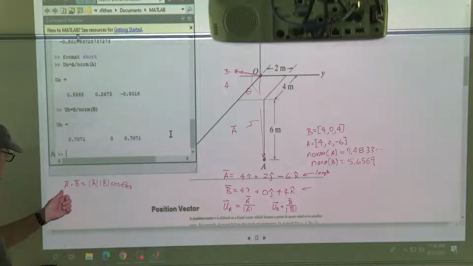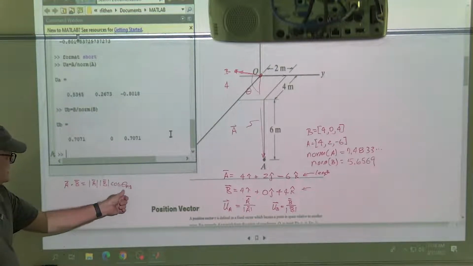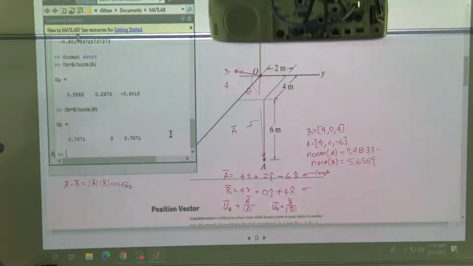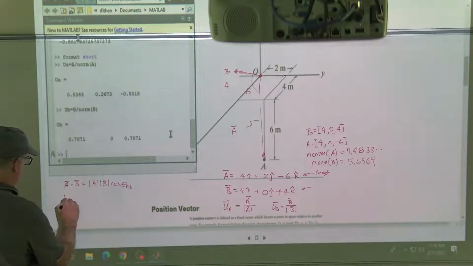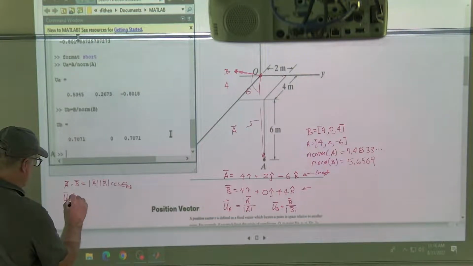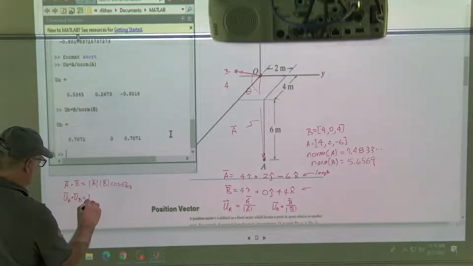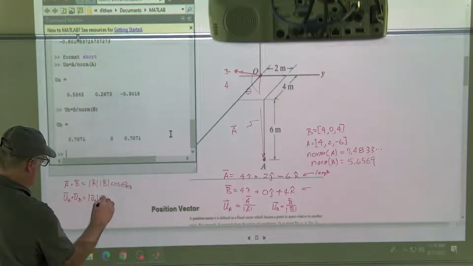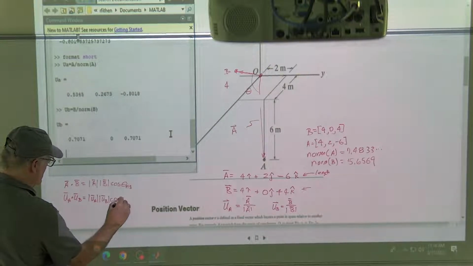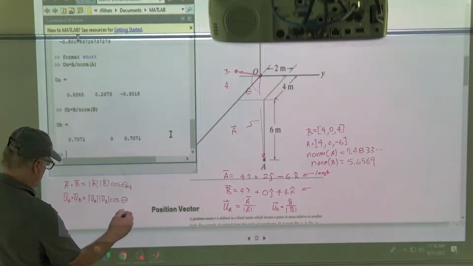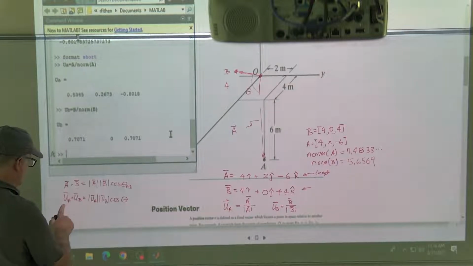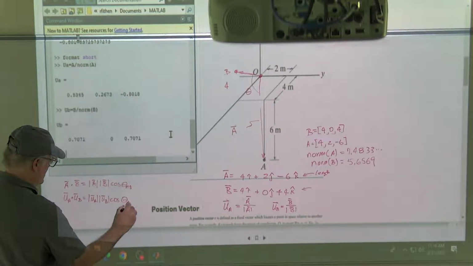So if any two vectors, then essentially this equation sets... What would happen now if I said, okay, UA dotted with UB equals the magnitude of UA, magnitude of UB, cosine of, well, this one points in B and this one points in A, so it's still the same angle, right?